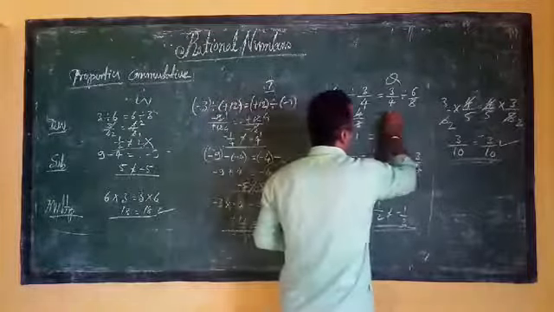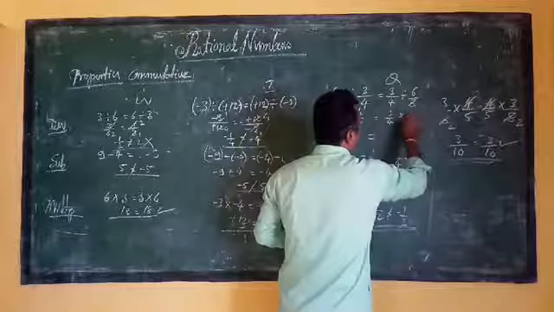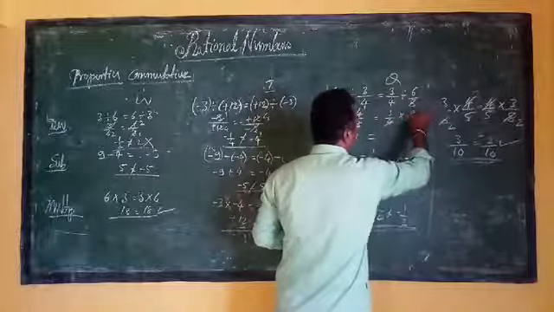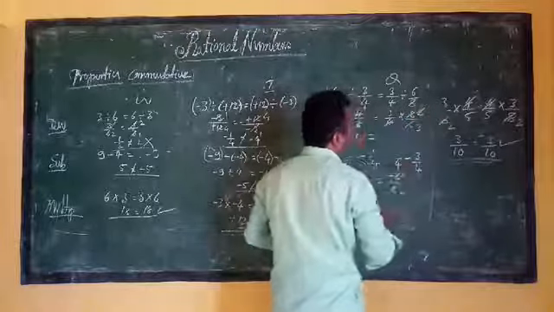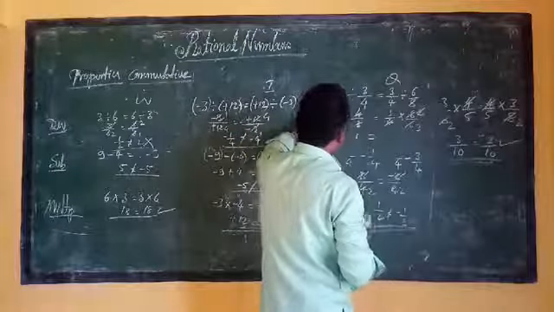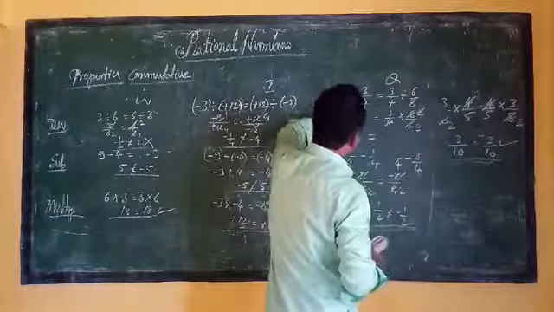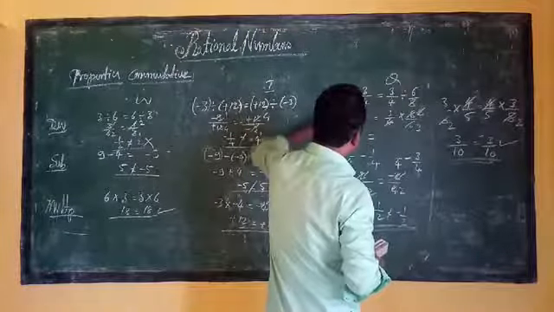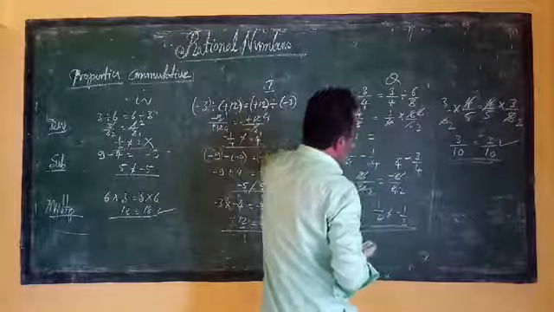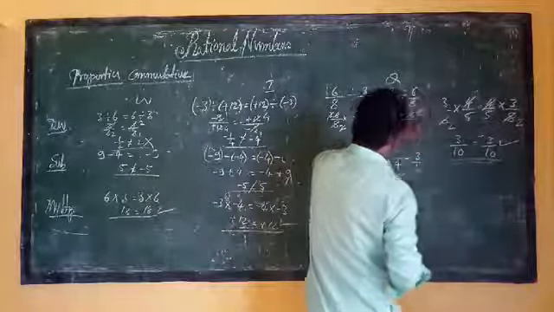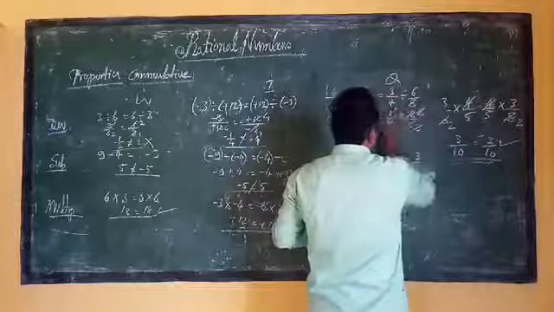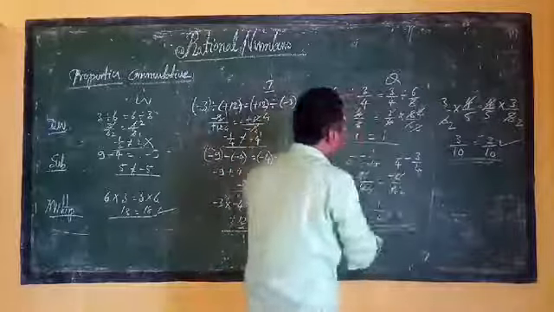So next, 3 by 4 into 8 by 6: 4 ones are 4, 4 twos are 8, 2 ones are 2, 2 threes are 6, and then the 3s get cancelled, remains the same. So I will take another example.